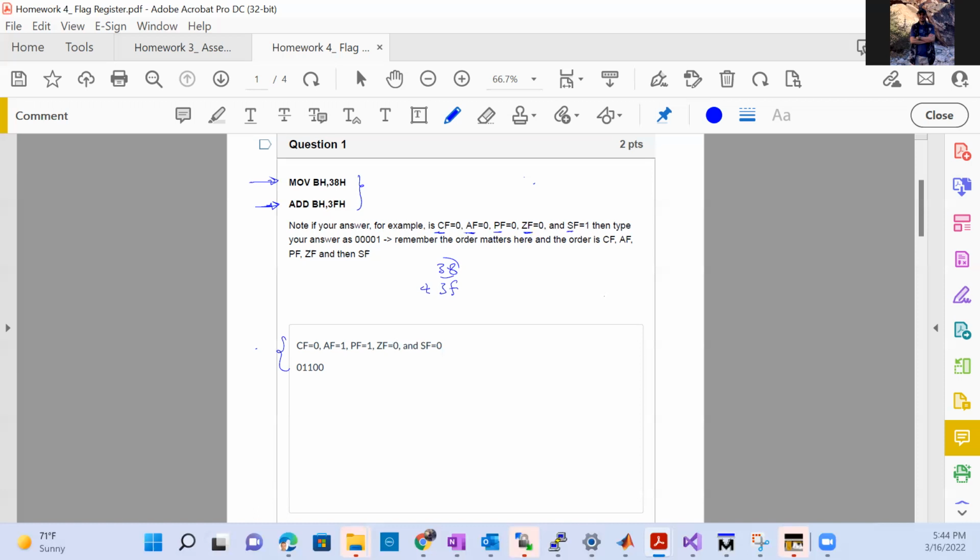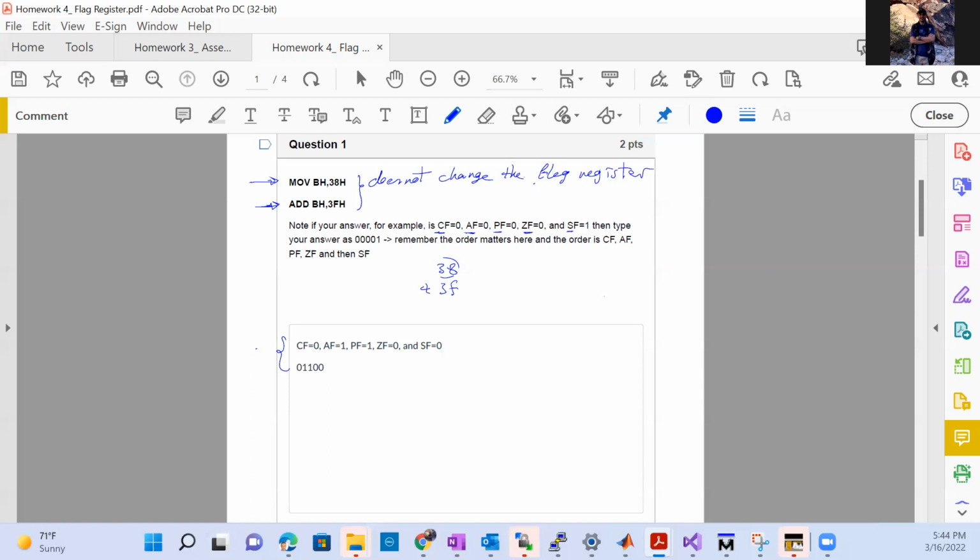One note here: the first instruction, the move, doesn't change the flag register. And in general, the transfer instructions don't change the flag register.